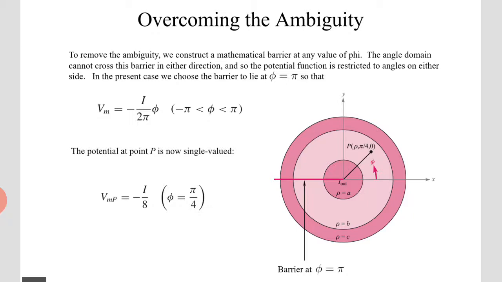The angle domain cannot cross this barrier in either direction, and so the potential function is restricted to the angles on either side.